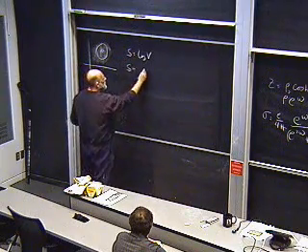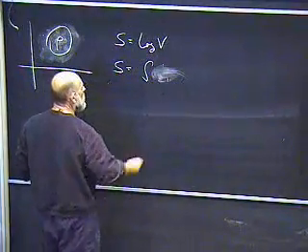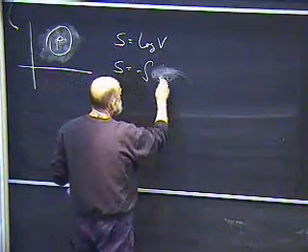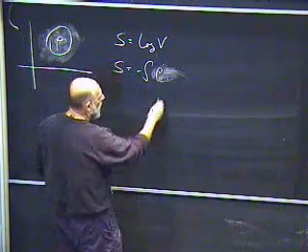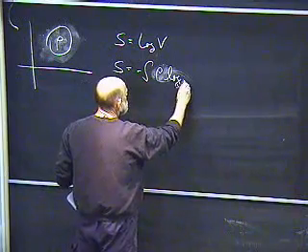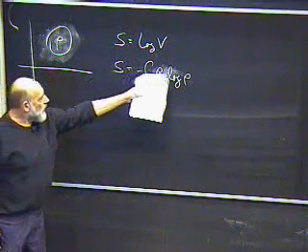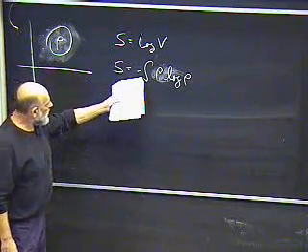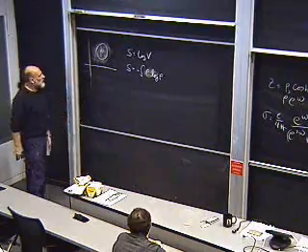It's equal to the integral over the phase space of minus the probability times the log of the probability. Since the probability is always less than 1, log rho is always negative, and this thing always comes out positive.